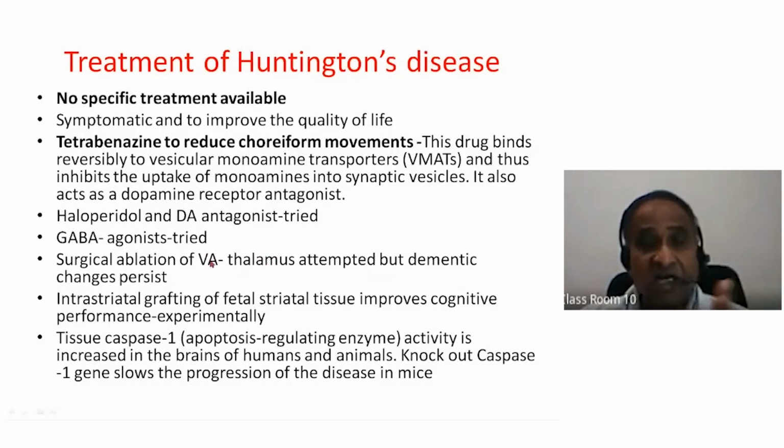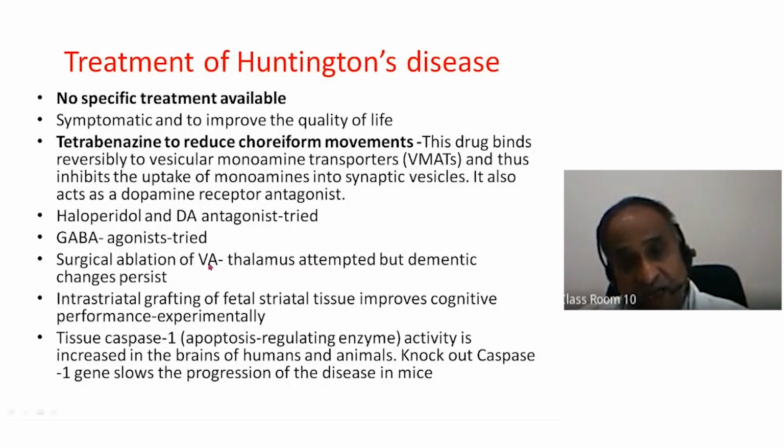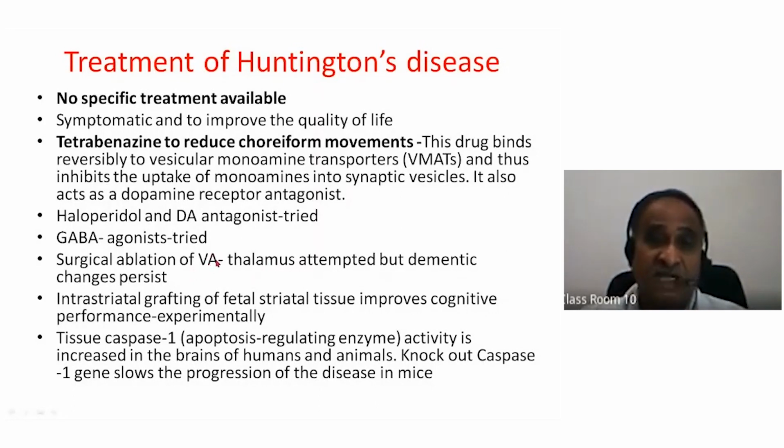The GPi relays into the ventro-anterior nucleus of the thalamus, and they tried to ablate or destroy that portion, either surgically, by laser or otherwise. But that did not alter the dementic changes, because the dementic changes do not involve the ventro-anterior part of the thalamus. Then people tried intrastriatal grafting of striatal tissue from the fetus.